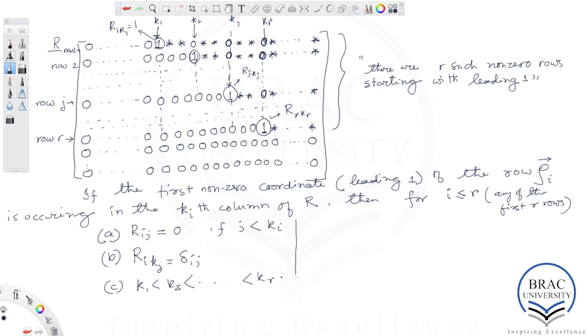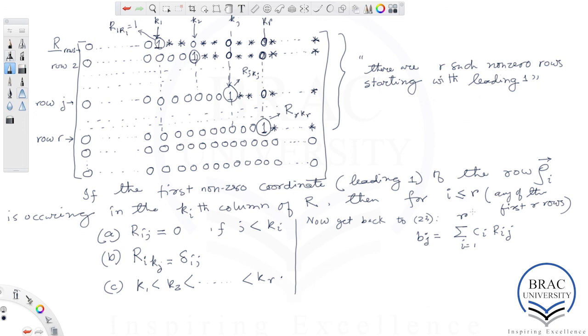Now, given these properties, get back to equation 23, which was the expression of the Bj's. It tells us that Bj is equal to the sum of all the expressions Ci Rij, where i runs from 1 to r. Here r is the number of non-zero rows of the row reduced echelon matrix.